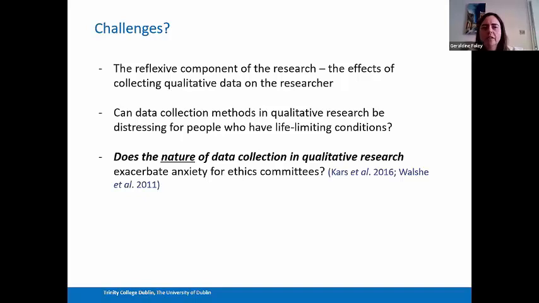As for the challenges around qualitative design in palliative care, we're dealing with vulnerable groups. Both patients and family members and the wider family are all considered vulnerable groups for research. I'm sure some people have heard about reflexivity in qualitative research, a significant term for qualitative design.